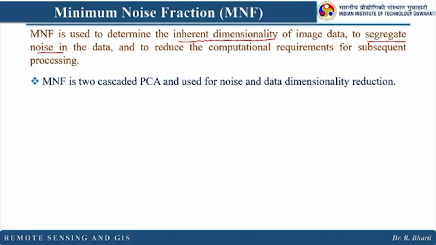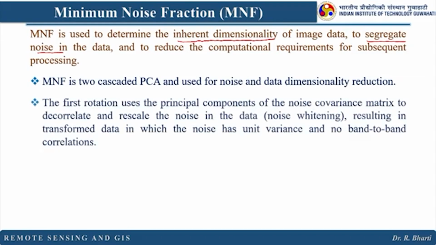So MNF is 2 cascaded PCA and used for noise and data dimensionality reduction. The first rotation uses the principal components of the noise covariance matrix to decorrelate and rescale the noise in the data, resulting in transformed data in which the noise has unit variance and no band to band correlation, right?